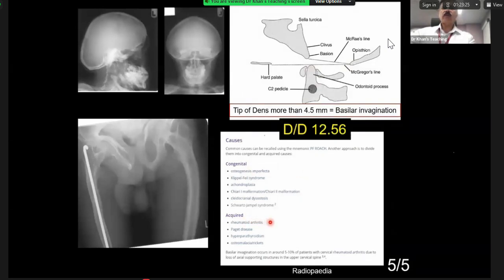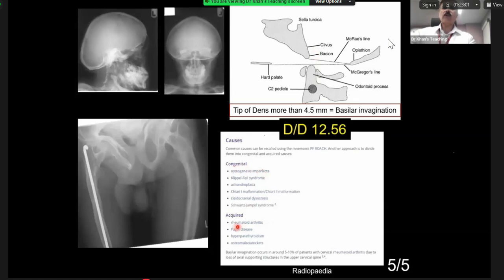Just remember that basically the bone is not normal, it is soft bone. And invagination means that the cervical spine goes into the foramen magnum. So this is what happens in osteogenesis imperfecta.